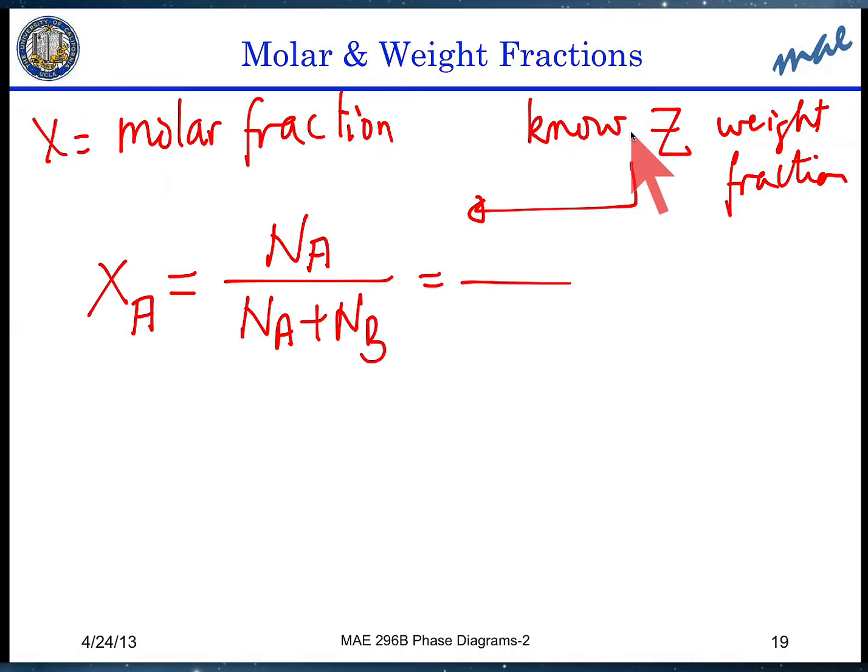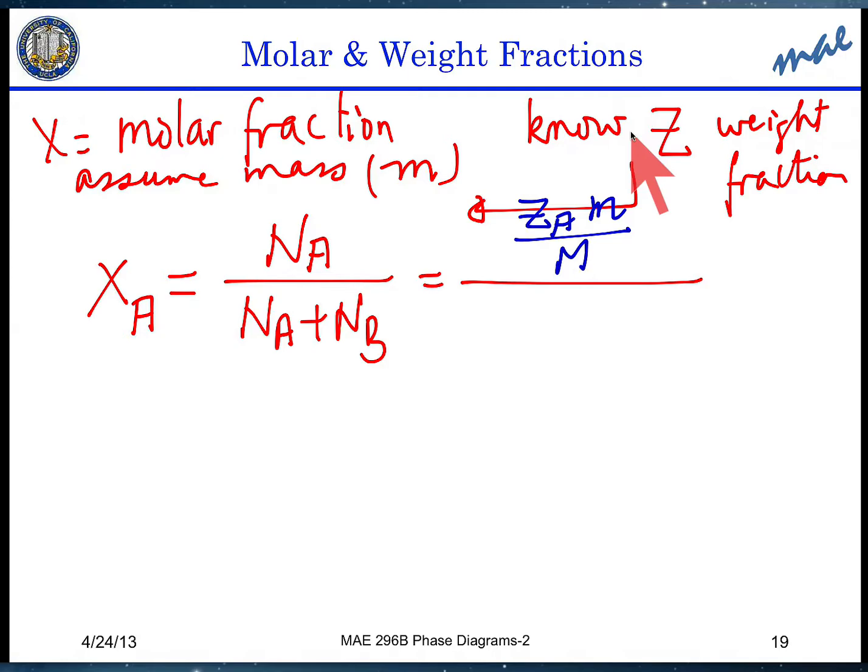And the number of moles of A, if we assume that we have a total mass M, then I'm able to write N sub A will be its mass weight fraction Z sub A times M, divided by the mass of A.